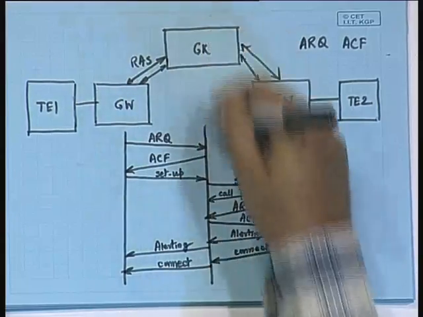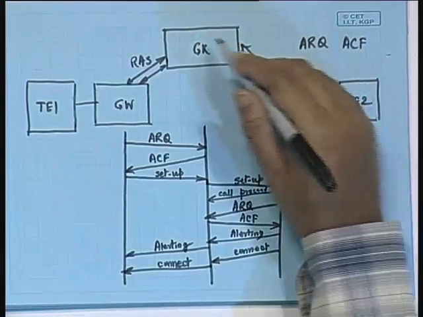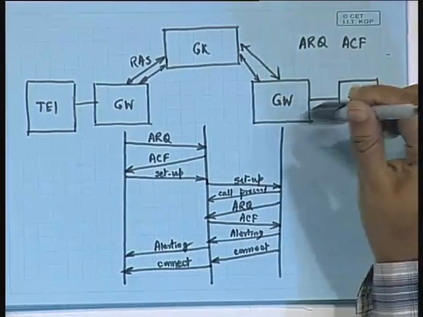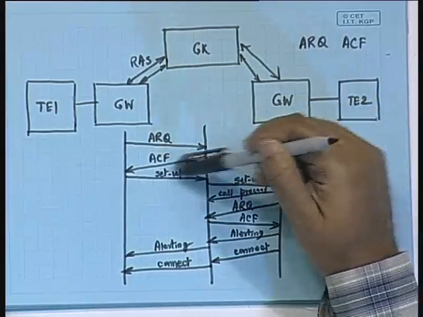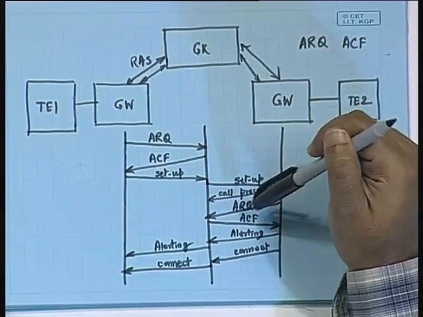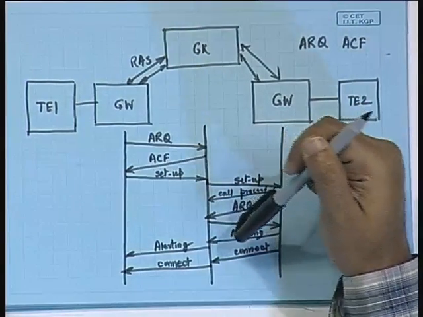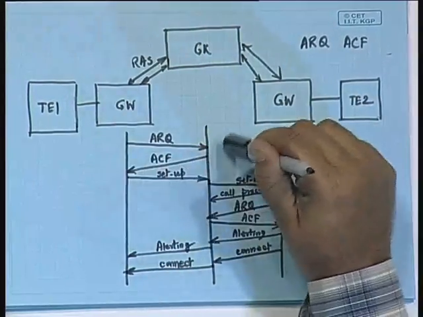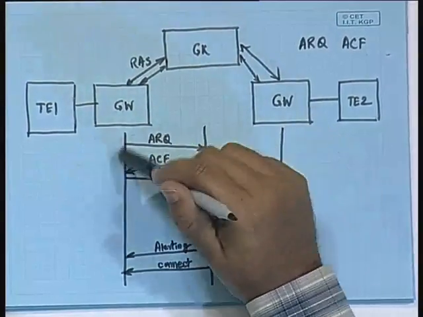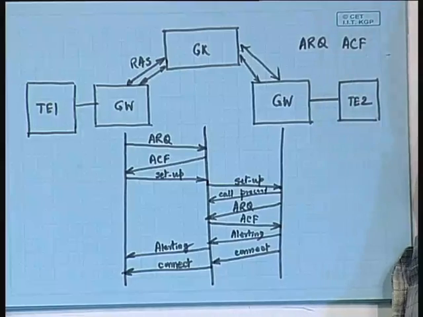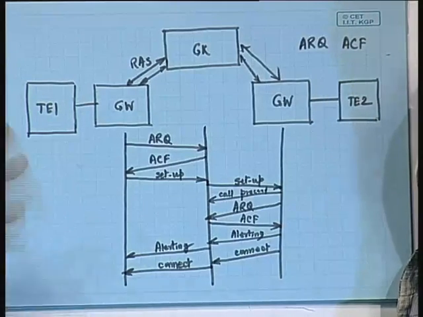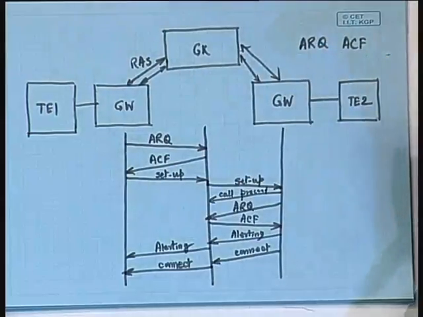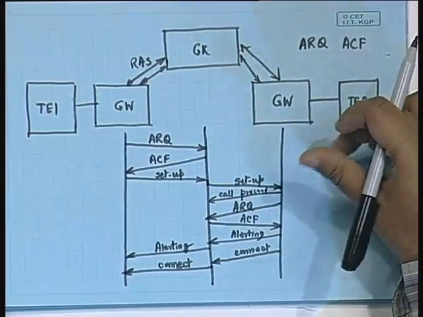So, this is with the involvement of one gateway and one gatekeeper. What you can see in this case is that the setup, call proceeding, alerting, and connect remain almost the same, but there is an extra procedure which comes in, and that is this ARQ-ACF handshaking, which is needed both for the source end as well as for the destination end.